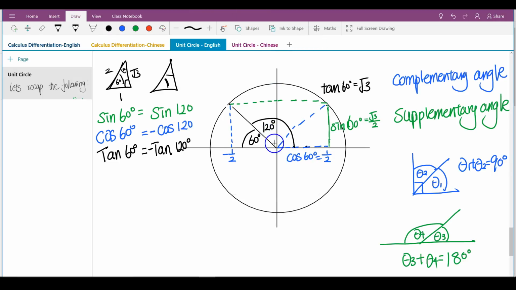Let's do another line, somewhere across like that. Now, according to the angle rule, this particular angle is the same as this particular angle.